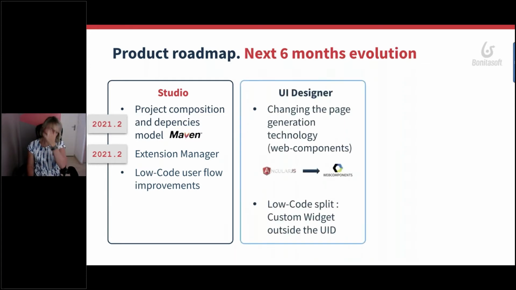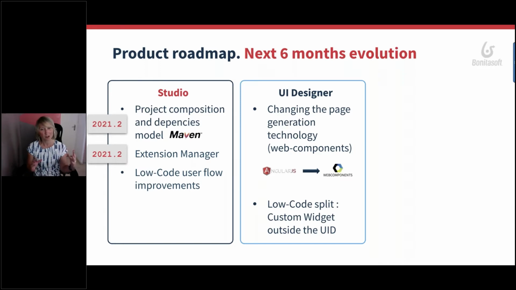Now, talking about UI Designer, we are going to change the page generation technology from AngularJS to web components. We start with this version, 2021.2, but it's a long-term process. We know that it had been requested by many of our users, so here it is.